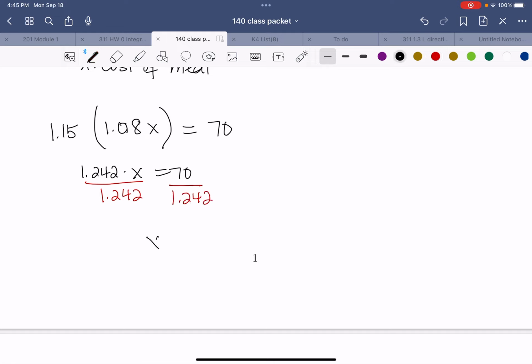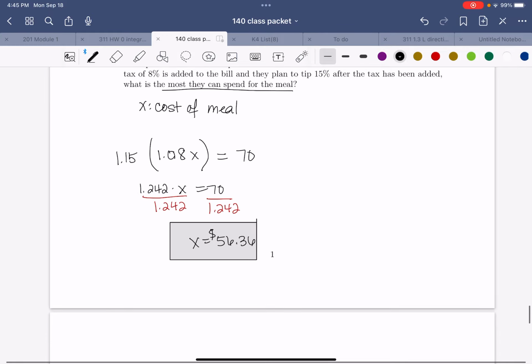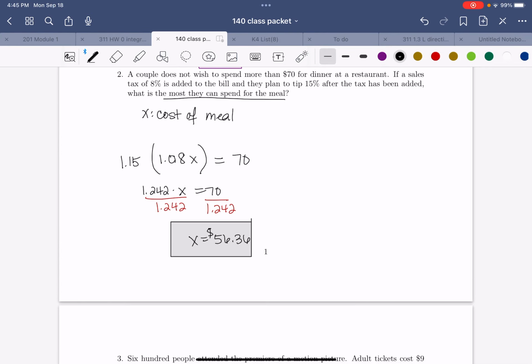And that will give me the cost of the meal. So if I take 70 divided by the 1.242, I get $56.36. So if they can keep the cost of their meal under that amount, once you add the tip and everything, it will be no more than $70.